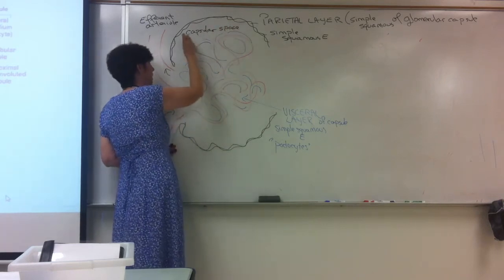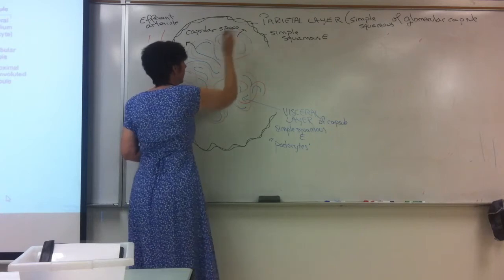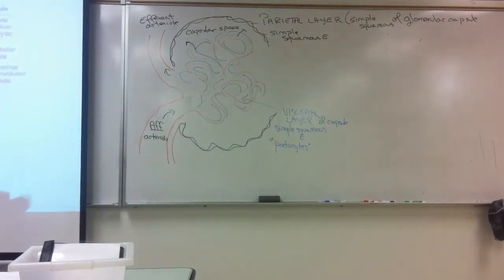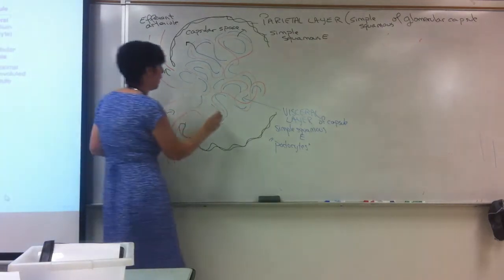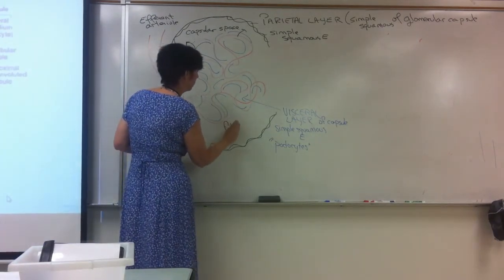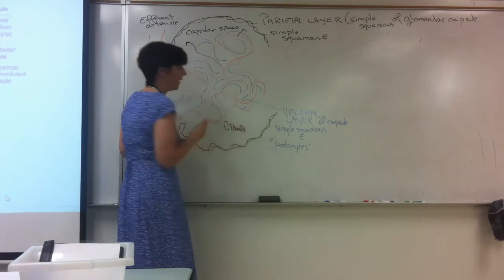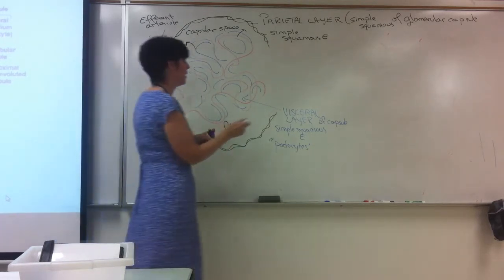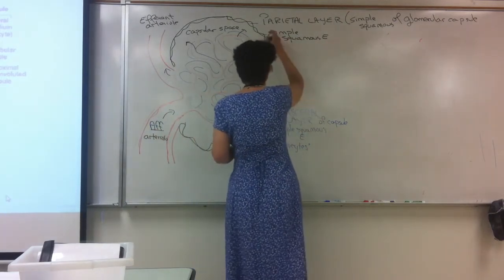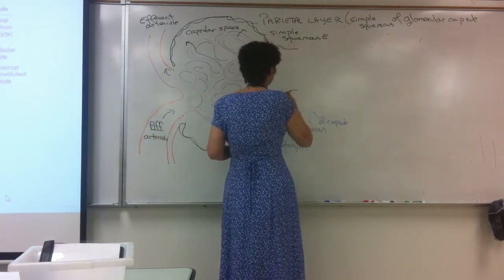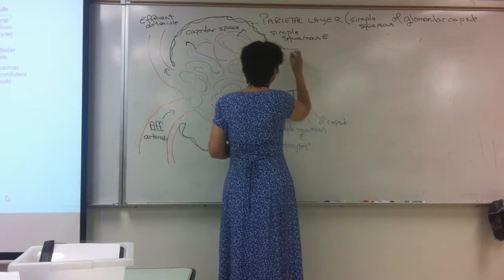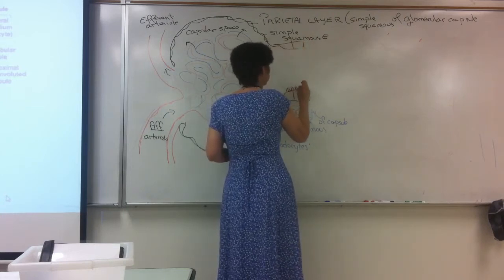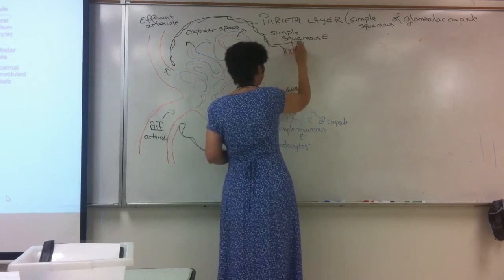And filtration is going to take place across that layer. And so in the capsular space, we find our filtrate. As the filtrate is formed, then it flows out into our proximal convoluted tubule.